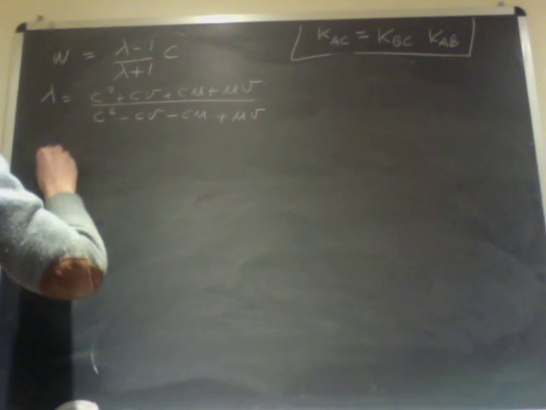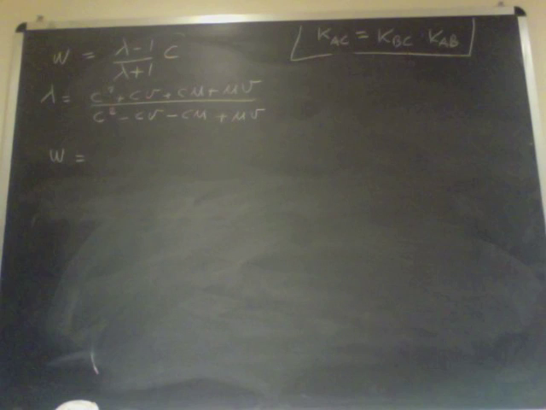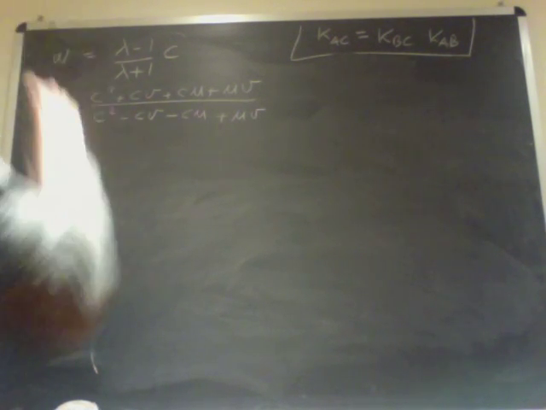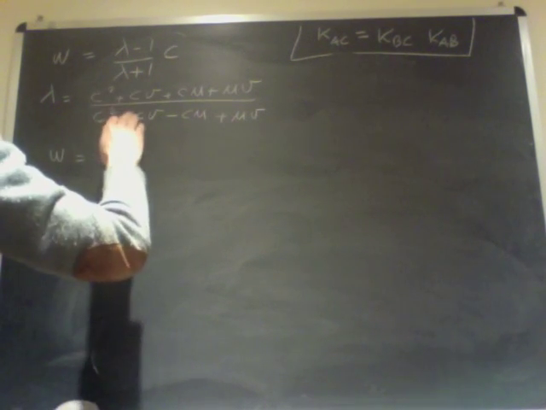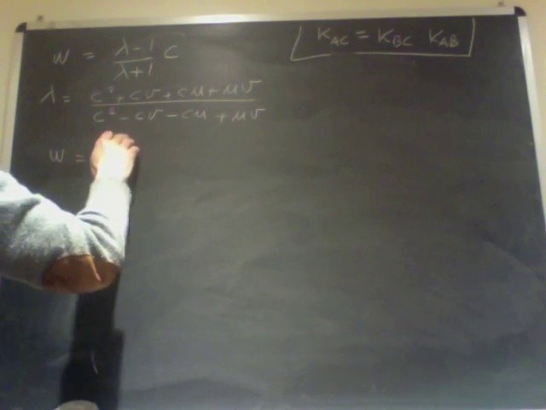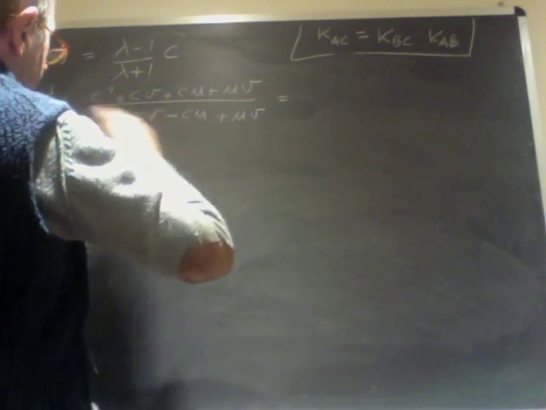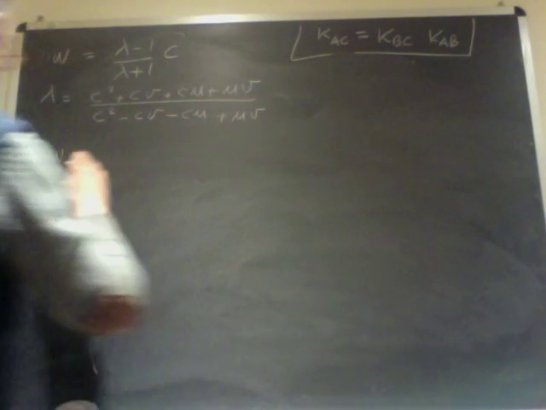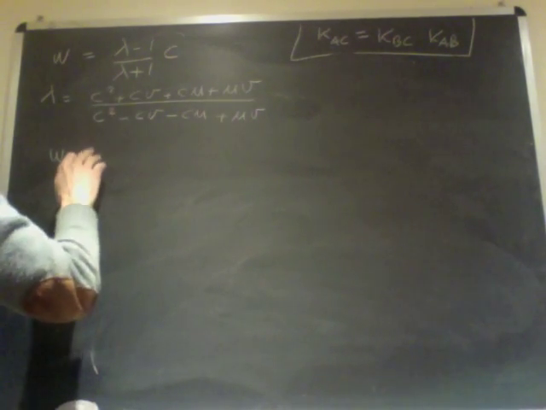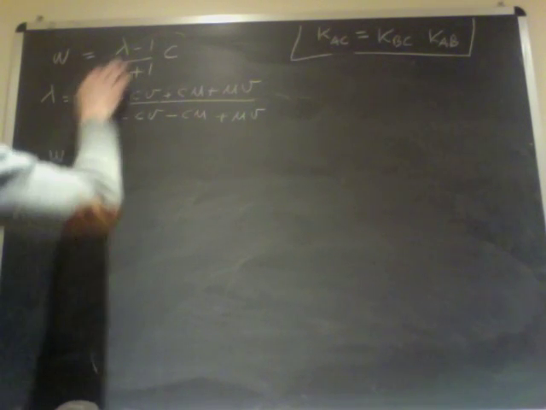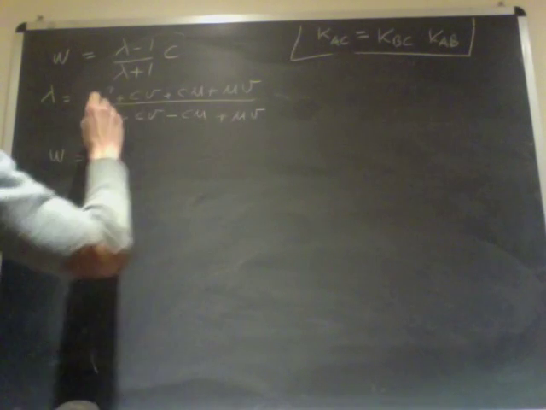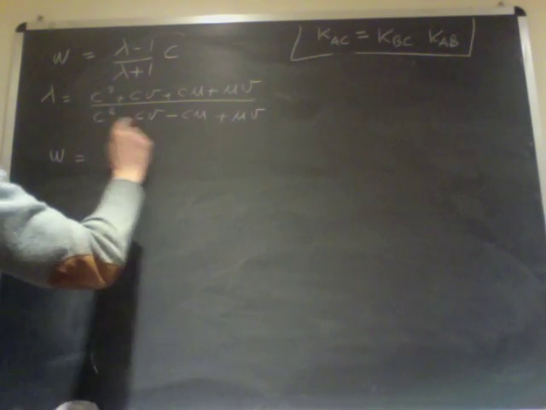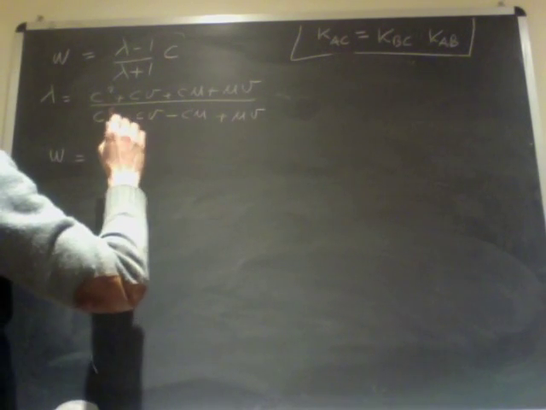So W is equal to lambda minus 1. Lambda minus 1 is just, I have to do the common denominator.